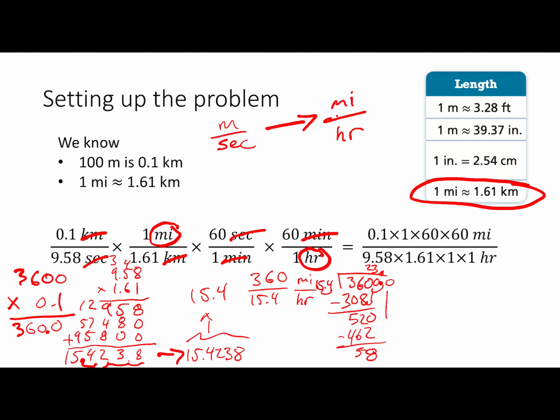And we'll go ahead and go out to the tenths place here. Bring another 0 down. We have 580. Well, that is just going to be 3 times again. Kind of running out of space there. So we'll just kind of pull that up. And we got 580 minus 462.